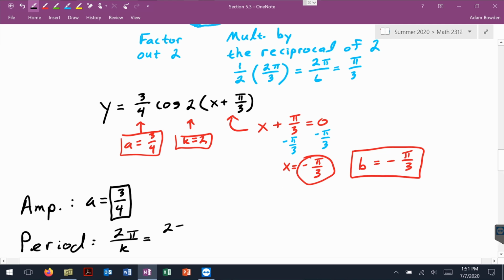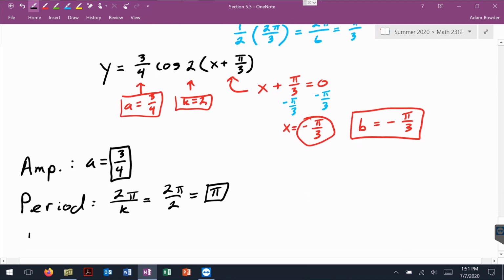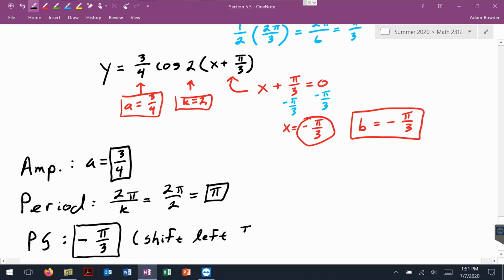So that's going to look like 2 pi over 2, which is just going to equal 2 pi. And then the phase shift, which I'm going to abbreviate PS, is going to be negative pi over 3, which in terms of the graph means that it's going to be shifted left by pi over 3.